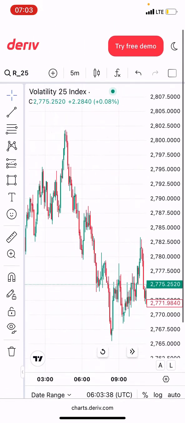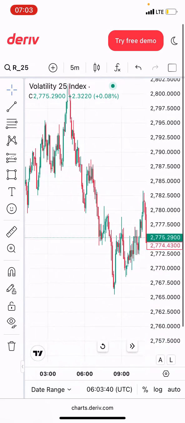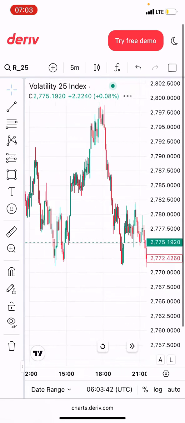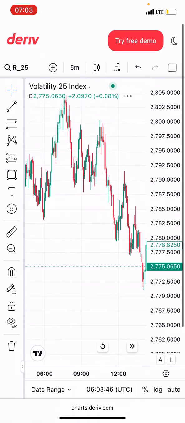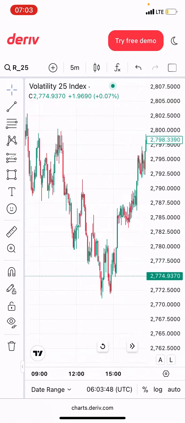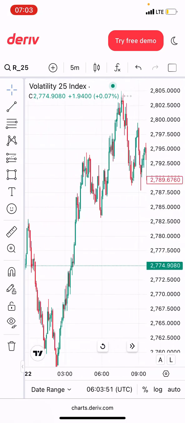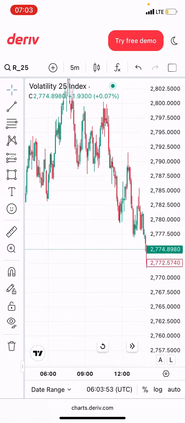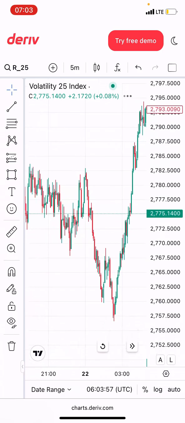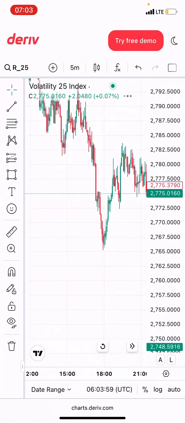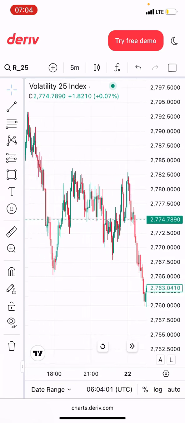And also, one of the things that invalidates your setup is if there is no structural liquidity. If there is no liquidity close to that point where price swept liquidity, then just run away from the setup. Leave the setup. Just run away.